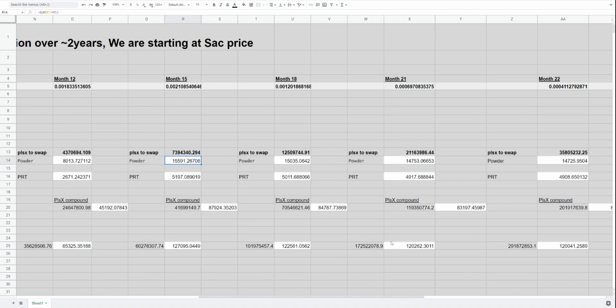Good thing we're compounding staking rewards. As you can see here, we've dropped another 42% from our previous month. We're now a 6x over launch price. Even though we've gone from a 20x to a 6x, we're still bringing in 14.7K over 3 months.